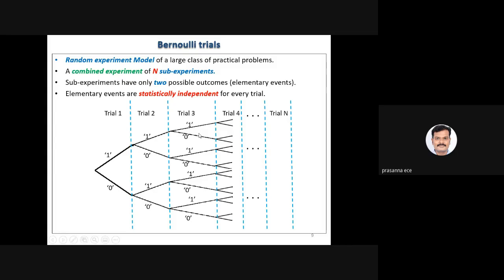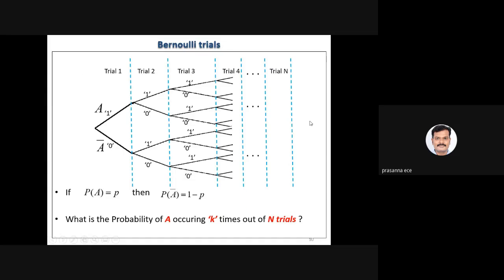So that is the Bernoulli trial. What are the conditions for being a Bernoulli trial? All the elementary events should be statistically independent. So now we denote the event on top by A, and the only possible other event is A bar.